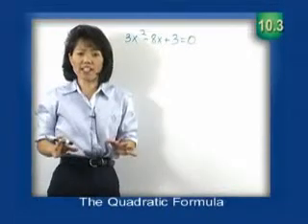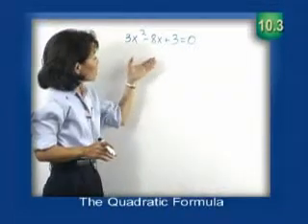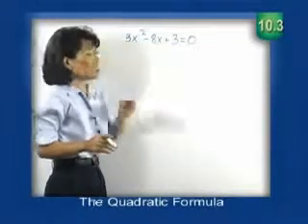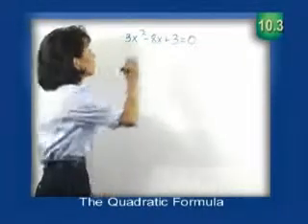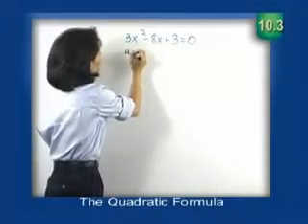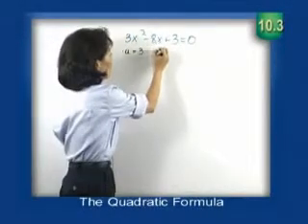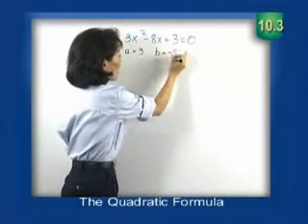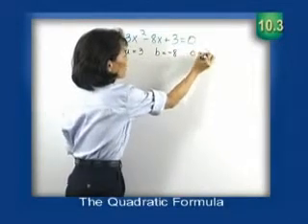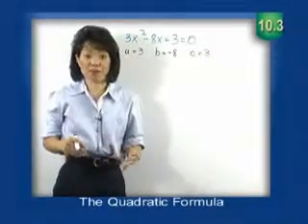If it was not in standard form, it would be your job to change it into standard form. You need standard form so you can identify the values of a, which in this case is 3, b, which is negative 8, and finally c, which happens to be 3.